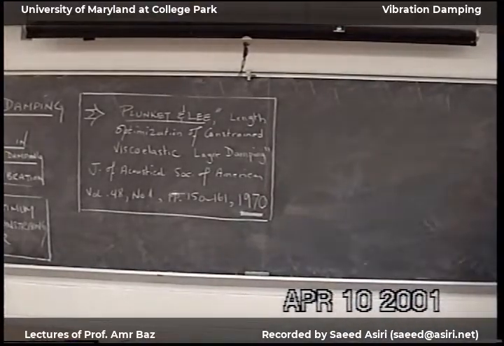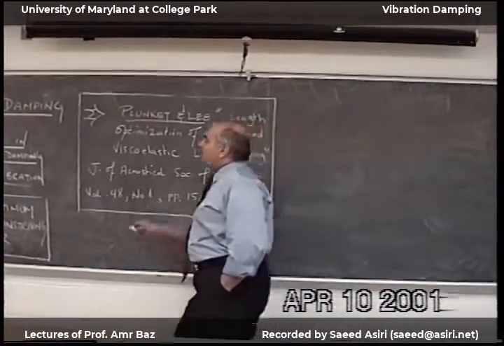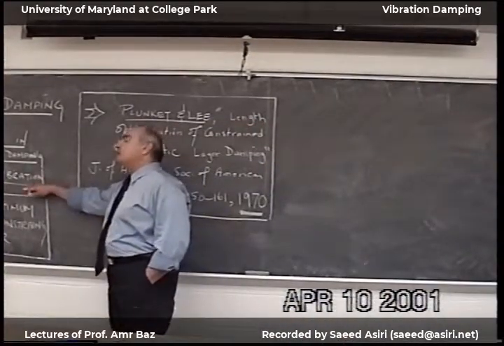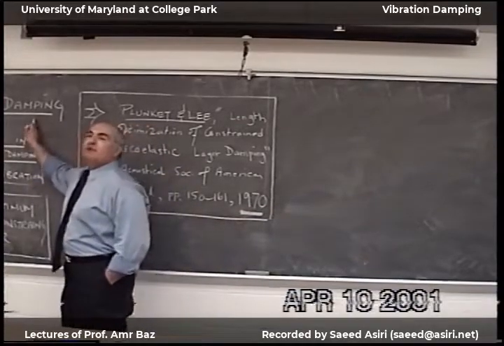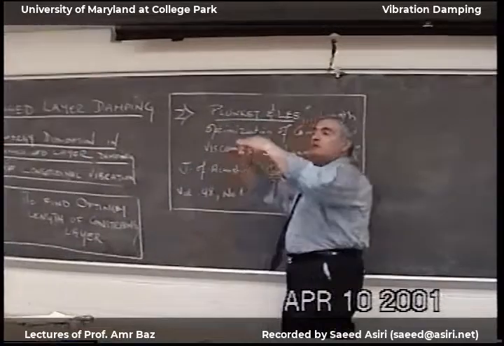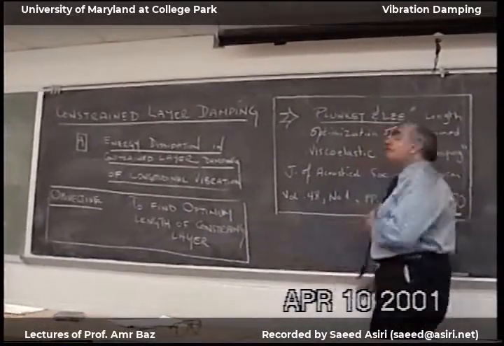I'll begin with this, and then we'll look at the second part. We'll look at transverse vibration. And then instead of just pure damping, we'll make it active damping. So we will go through these steps: longitudinal vibration, transverse vibration, and then active damping.